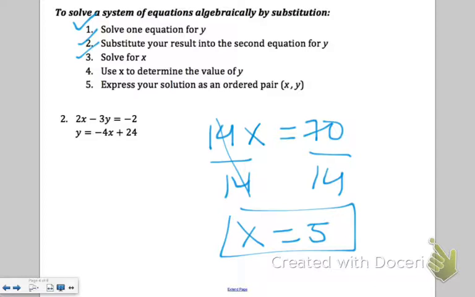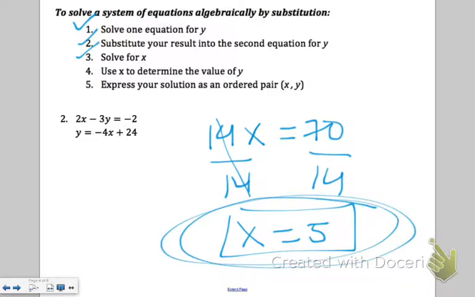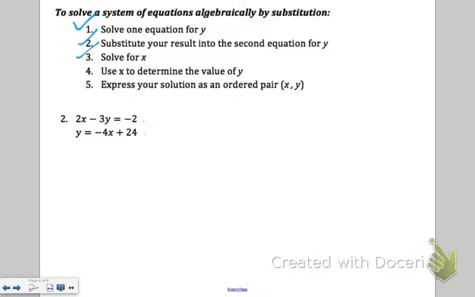We're going to use x to determine the value of y. So we're going to substitute this into one of these 2 equations to solve for the y value. So I'm going to substitute it into the second equation, since that one is already set equal to y, and looking at the first one, I would have fewer steps in solving for it.